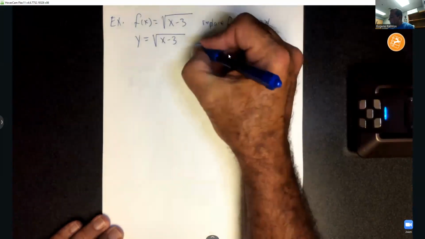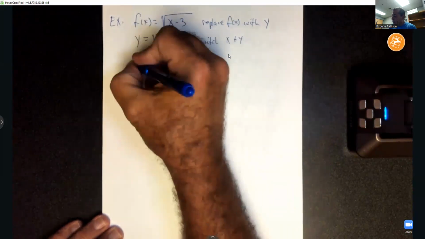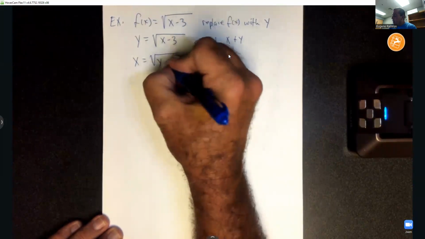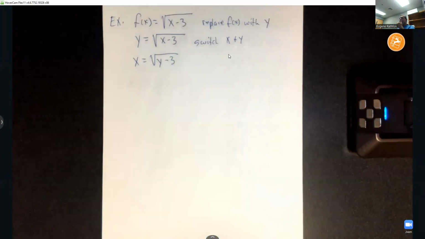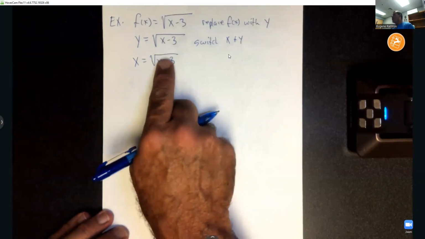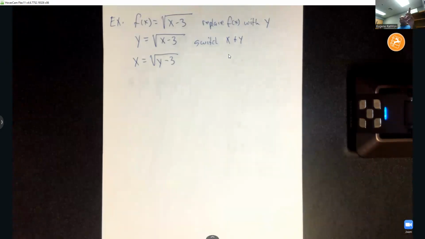Switch them, right? There we go. Switch x and y. So we get x equals the square root of y minus 3. So y'all, I got a situation here. I got a y minus 3 under this square root. How can I get rid of a square root?